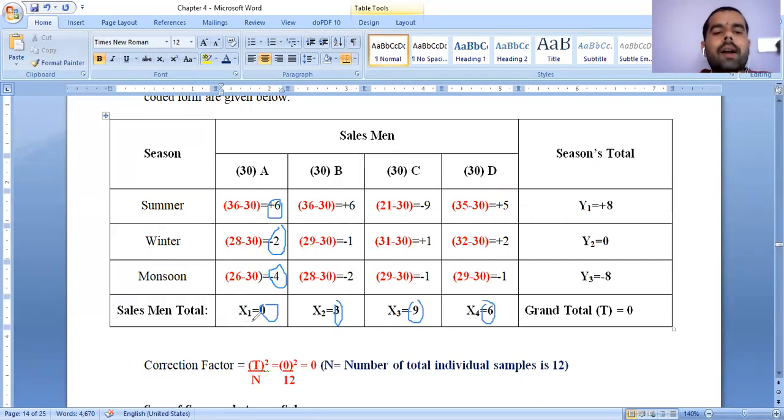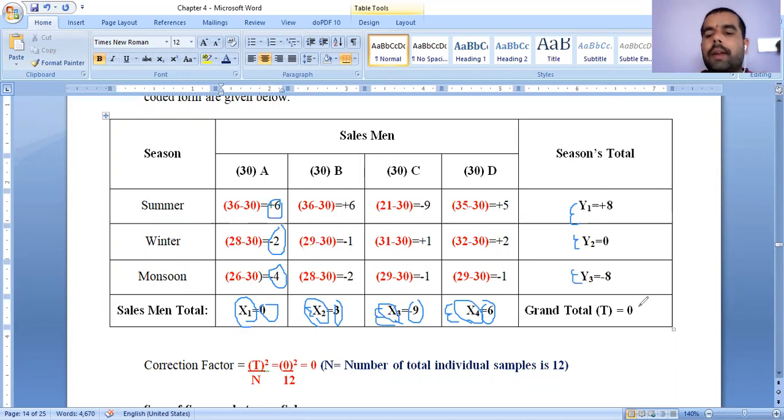These values are called x1, x2, x3, x4, and we call the same values sigma x1, sigma x2, sigma x3, sigma x4, and sigma y1, sigma y2, sigma y3.